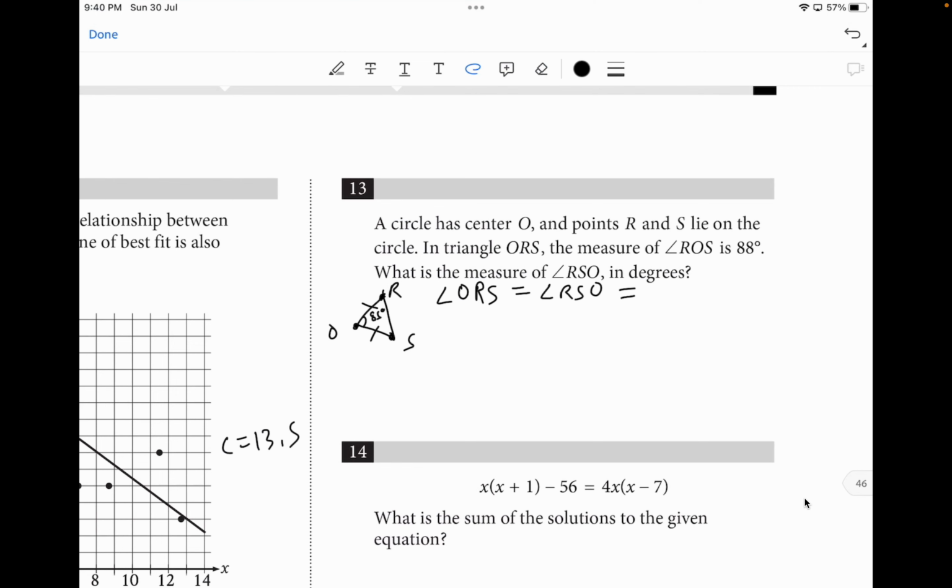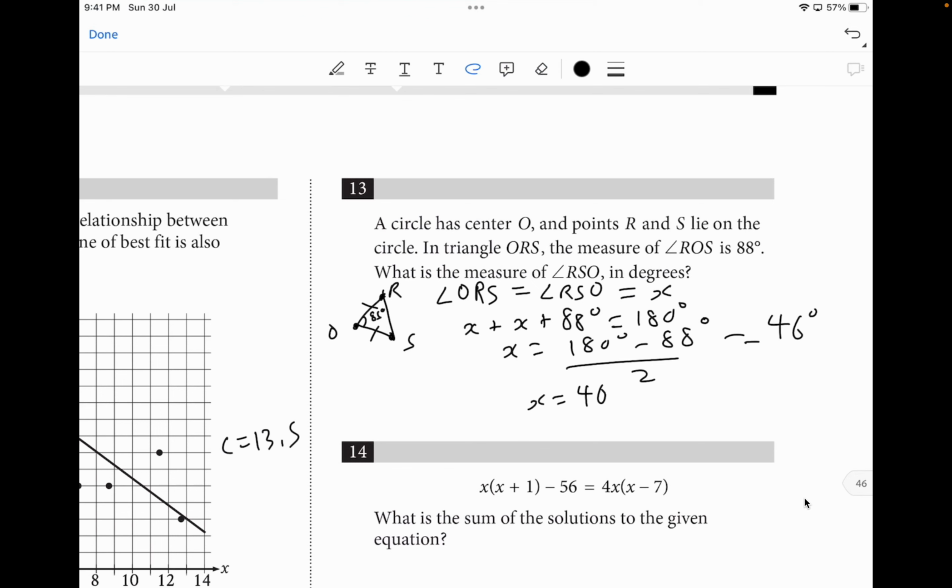So we're just going to make them equivalent to X. So X plus X plus 88, since we know that all the angles in a triangle add up to 180 degrees, we're going to be using that concept. So X is equal to 180 degrees minus 88 divided by 2, since it's 2X, right? So I'm just going to quickly solve this. Minus 88 divided by 2. This should give you the value of 46 degrees. X is going to be 46 degrees, which we know is angle RSO. Angle RSO is equivalent to 46 degrees. That's going to be the answer for question number 13.